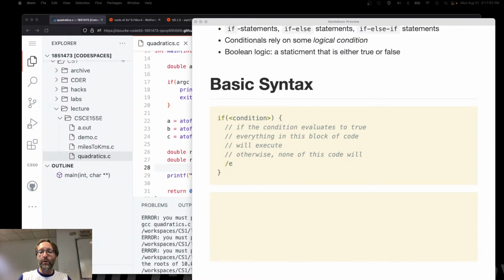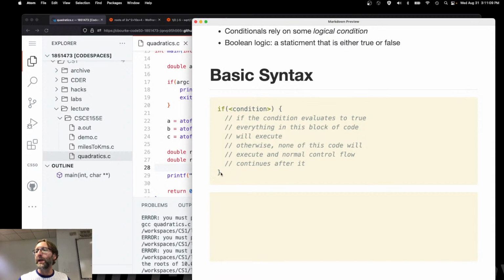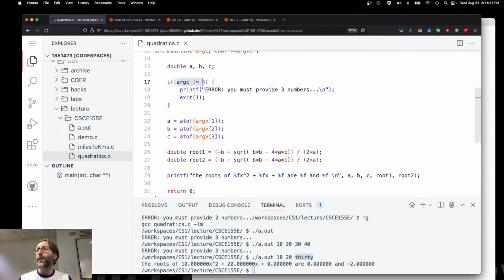And normal control flow continues after it. In other words, after this line, it'll just jump down to the ending curly bracket and continue with whatever else is in the program. Okay? We've seen that right here. If argc was not 4, because I didn't provide any command line arguments, it was 1. Is 1 equal to 4?